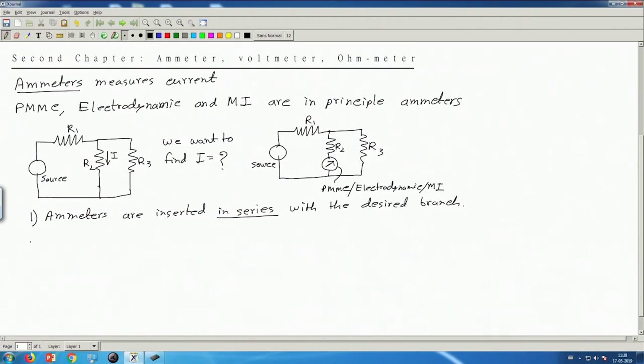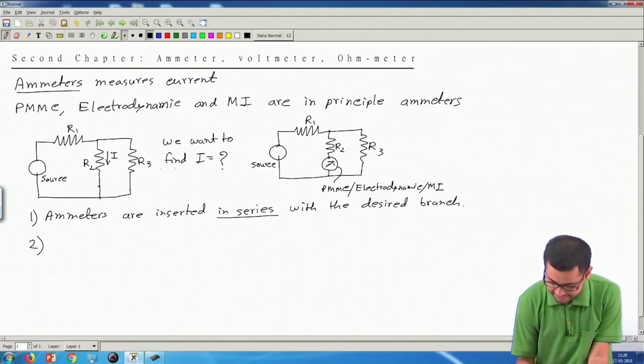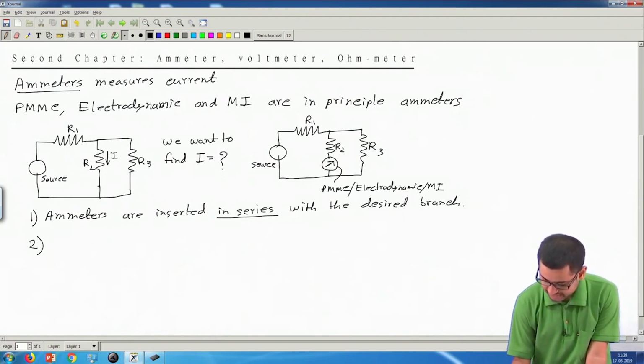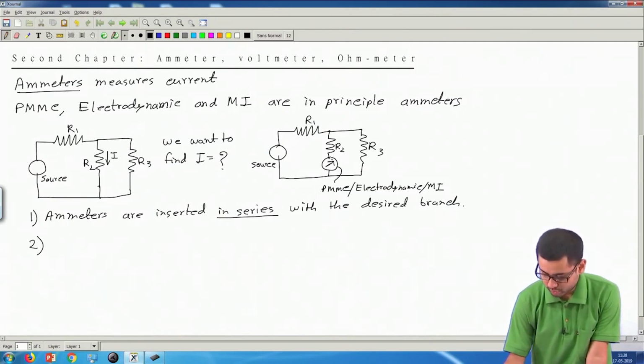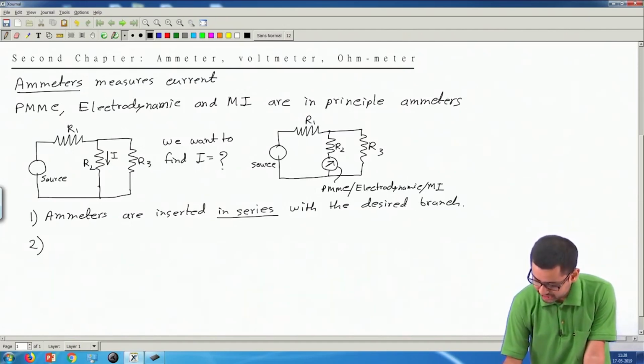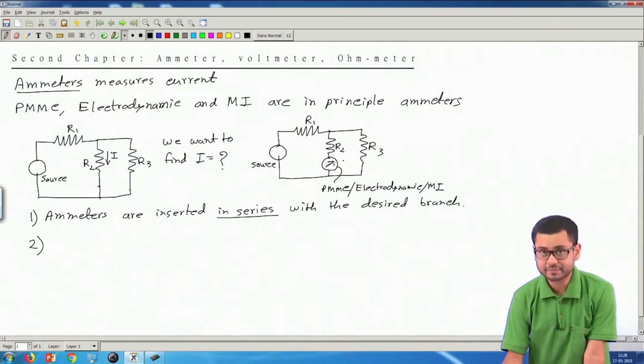The next thing which we should know is that when we insert this ammeter in this branch, the impedance of this branch will change. The coil of this instrument has some resistance, so the resistance of this branch will increase, and therefore the current in this branch may decrease.